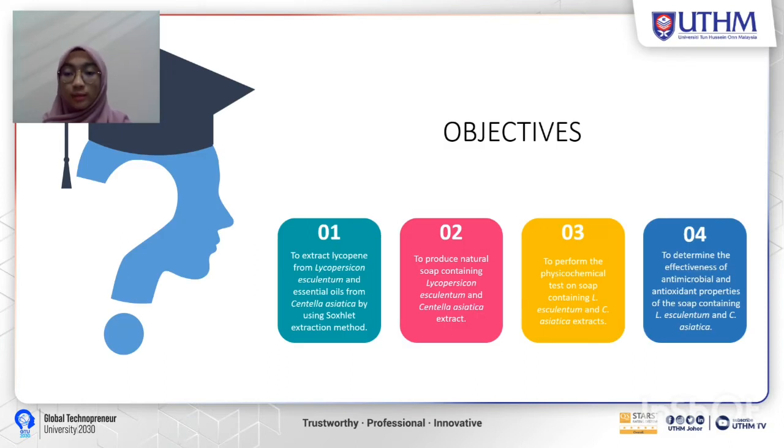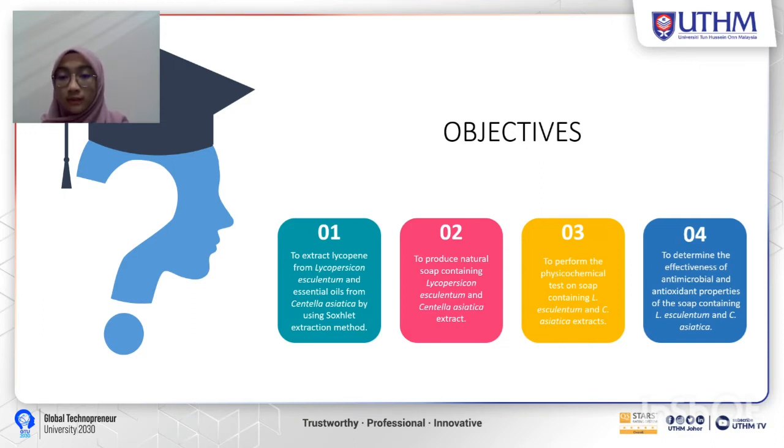Next, we will move on to the objectives. There are four objectives to be achieved at the end of this study. Firstly, it is to extract lycopene from Lycopersicon esculentum and also essential oils from Centella asiatica by using the Soxhlet extraction method. Second, it is to produce natural soap containing Lycopersicon esculentum and Centella asiatica extract.